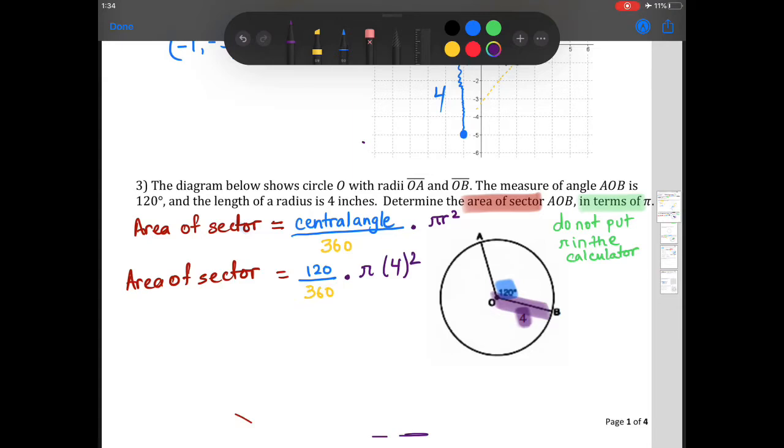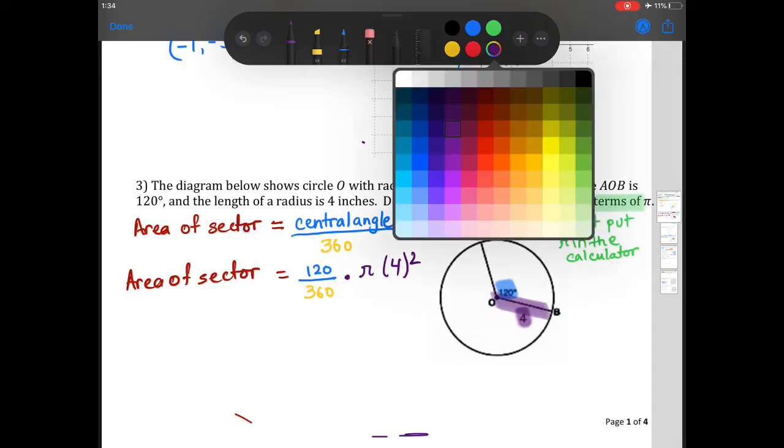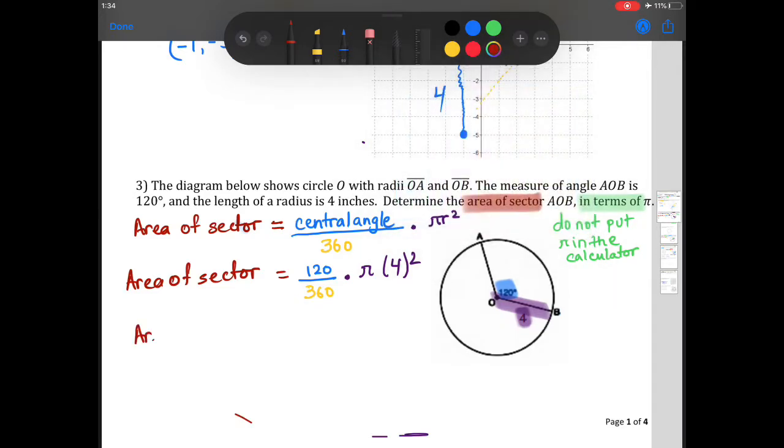Leave the pi out and put this whole thing in the calculator. If you do not have a calculator, there's a link on my homepage. You should use that. Okay, area of sector. I know my final answer is going to be in terms of pi because I'm not going to put the pi in the calculator. If you put the rest of it into the calculator, do not put it as a decimal, leave it as a fraction, 16/3. And since it's area, it will be inches squared.